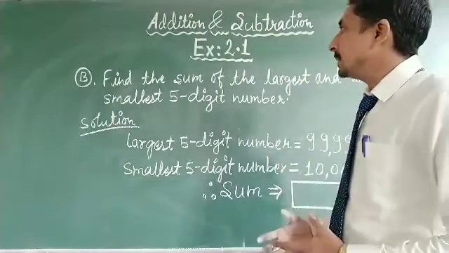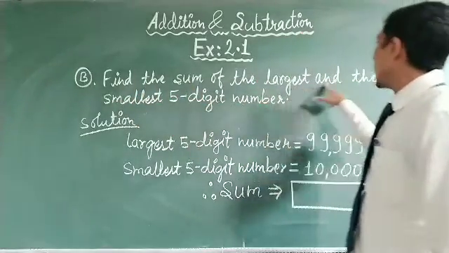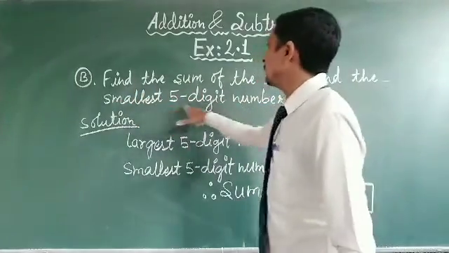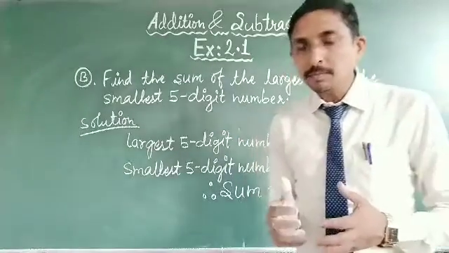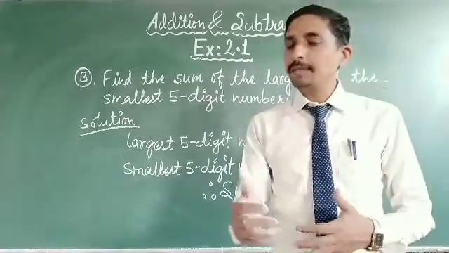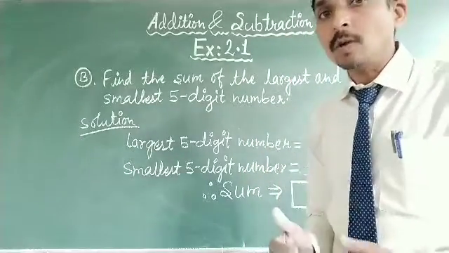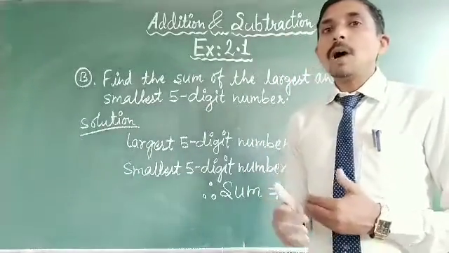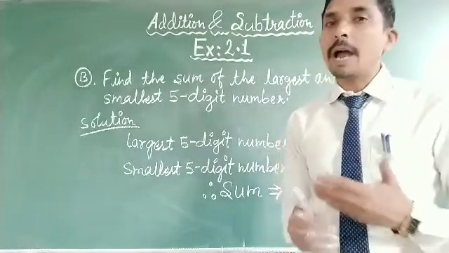In question number B, the question is find the sum of the largest and the smallest 5-digit number. What we have to do? We have to find the sum of the largest 5-digit number and the smallest 5-digit number. So first of all, we have to know what is the largest 5-digit number and what is the smallest 5-digit number.